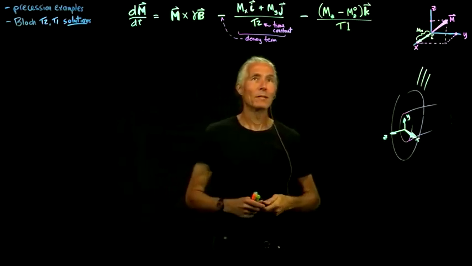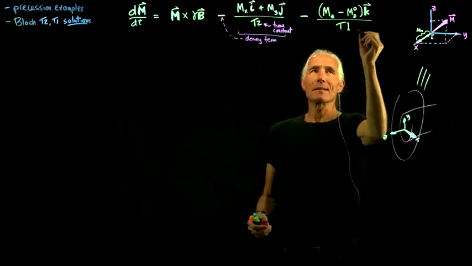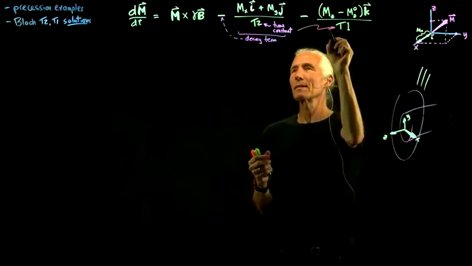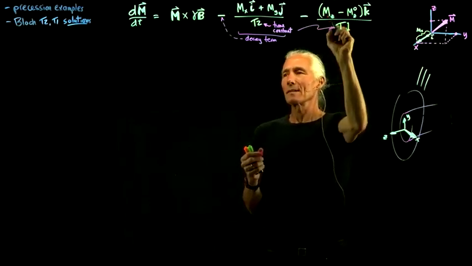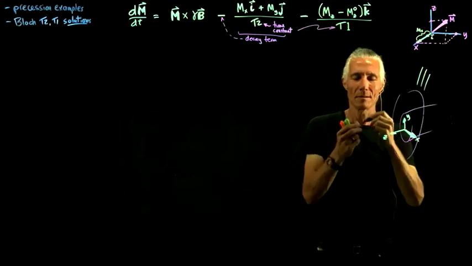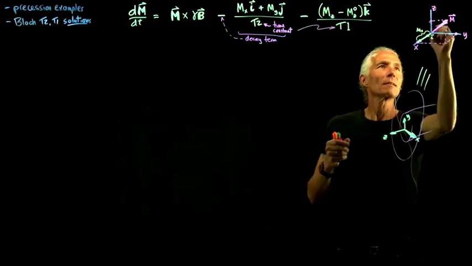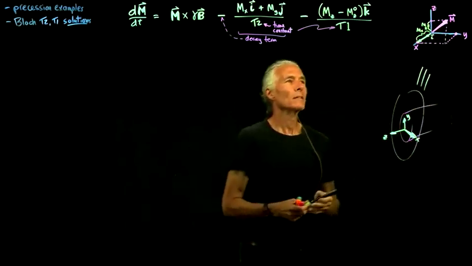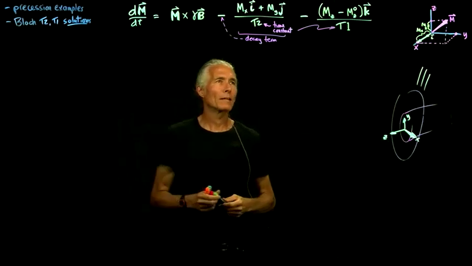Okay, so what are these things? This is another time constant. This guy is the mz, right there. And then finally, what's this thing?